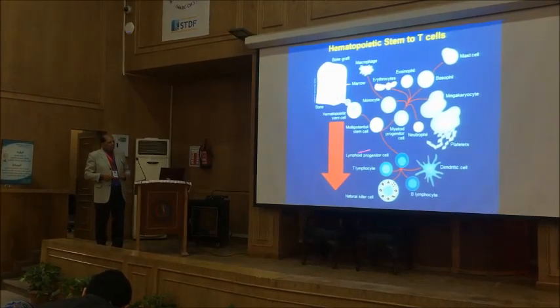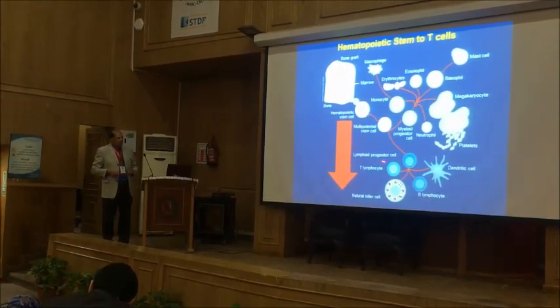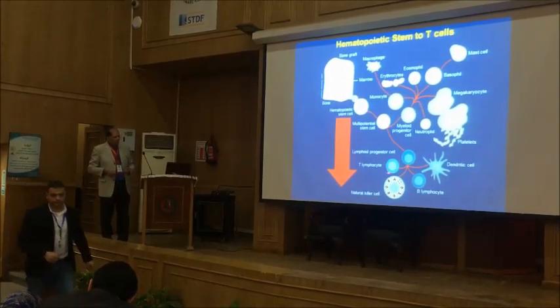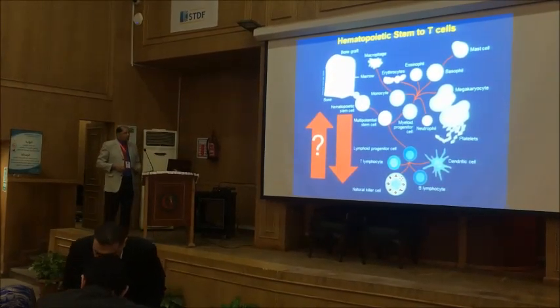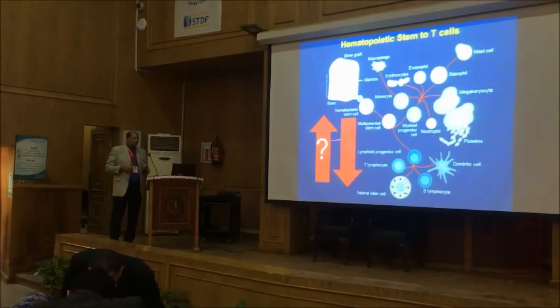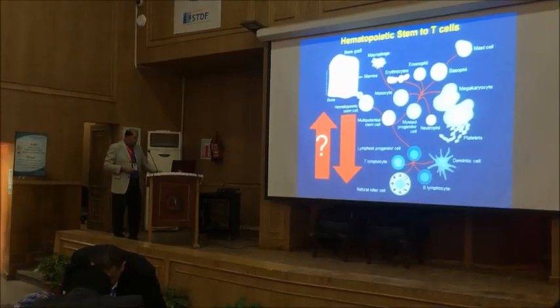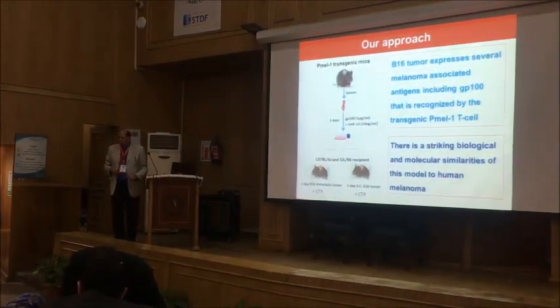And the other pathway ends with dendritic cells, natural killer cells, lymphocytes, either B cells or T cells. This is known. So, is it possible to take T cells back into the phenotype of hematopoietic stem cells?